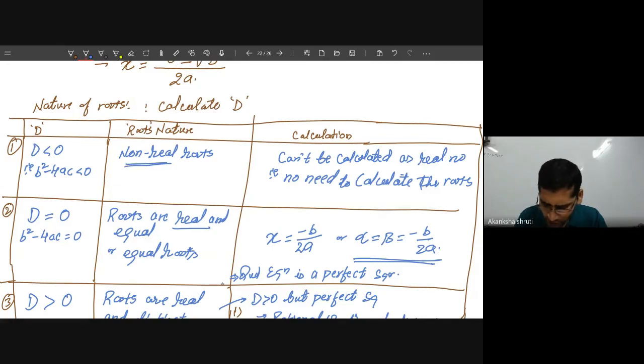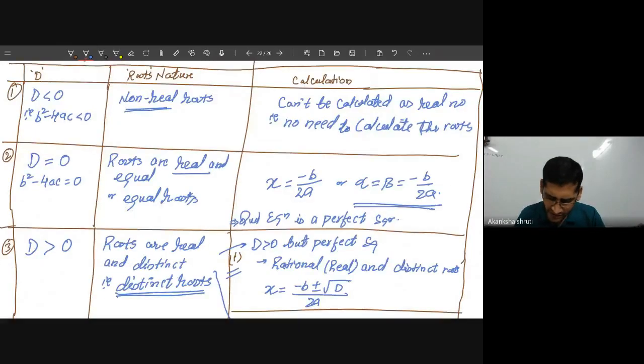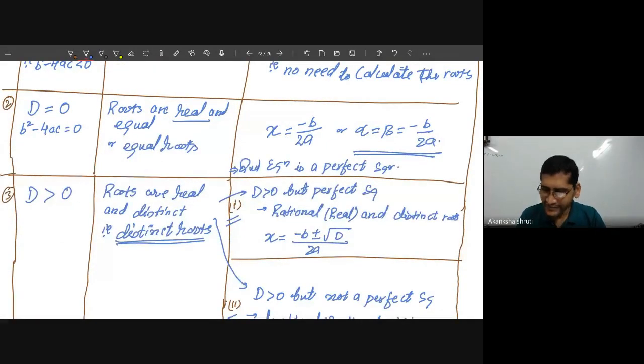At this time, at your level, this calculation is not required, but at a higher level, you can calculate it. If d is equal to 0, then roots are equal. If d is greater than 0, then they are distinct. Again, if it is a perfect square, then it will be rational. Not a perfect square, then irrational roots.